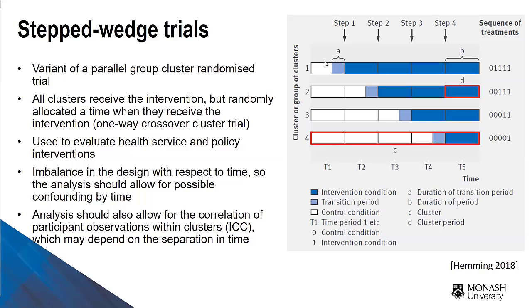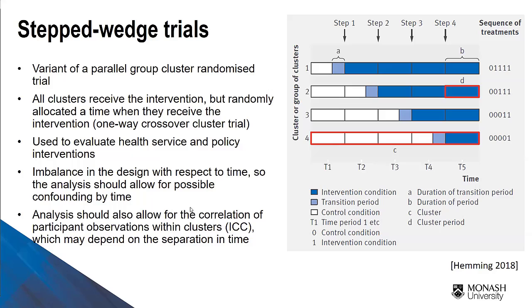What happens here is that all clusters or groups of clusters start in the control condition and they all ultimately end up receiving the treatment. So it's really a useful design for evaluating health policy changes, for example, particularly when those changes are just going to be rolled out anyway to each of the hospitals.